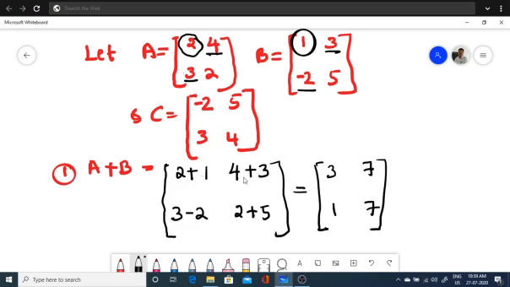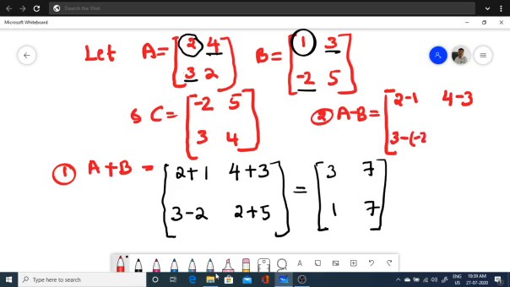Similarly, to find out A minus B, let's take the second one. Here also we subtract the corresponding elements of A and B, that is 2 minus 1. We have taken 2 plus 1 in the previous case. Here we have to take 2 minus 1, 4 minus 3, and observe that here is 3 and here is minus 2.